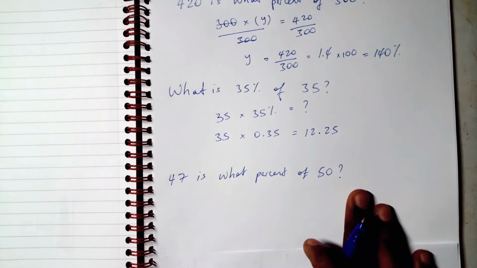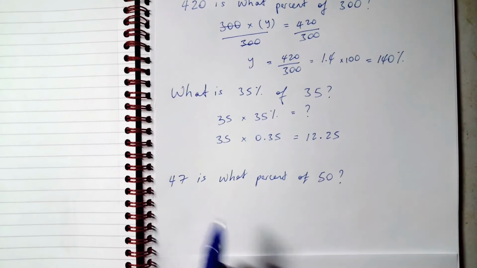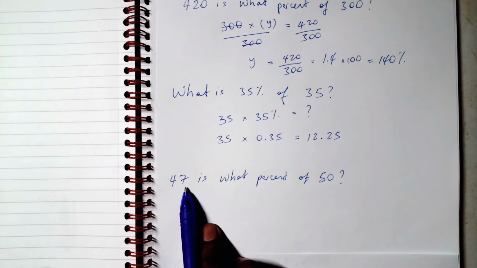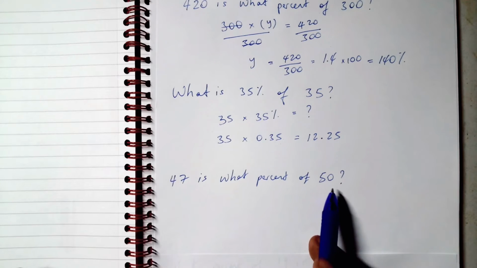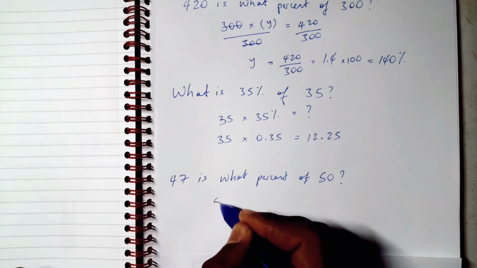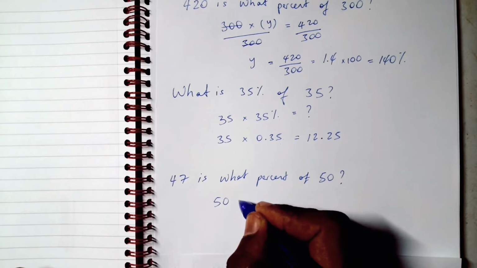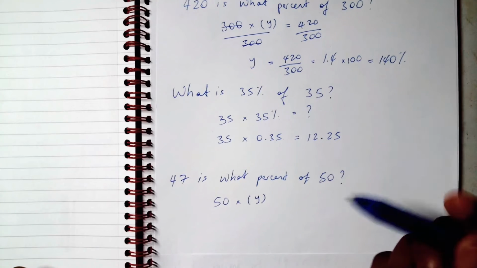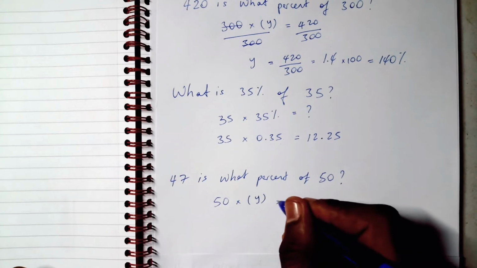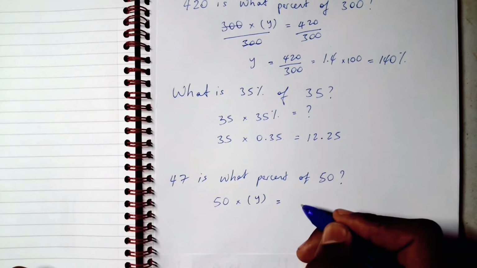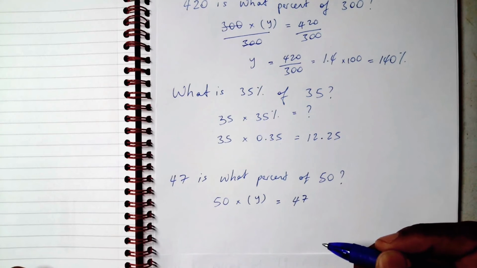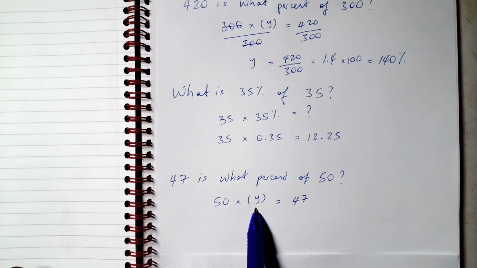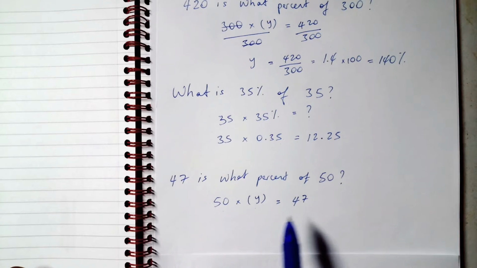47 is what percent of 50? So we know 50 is the number we want to find the percentage of, multiplied by, same thing we did up here, y, which is our percentage, equal to 47. 50 multiplied by a particular percentage, we don't know it yet, is equal to 47.